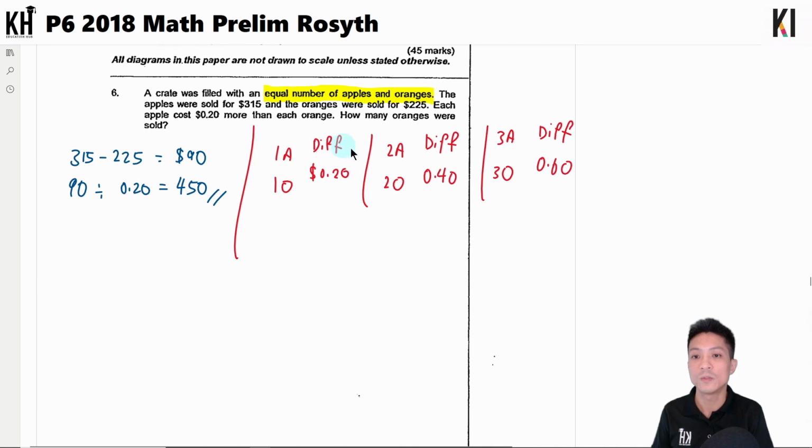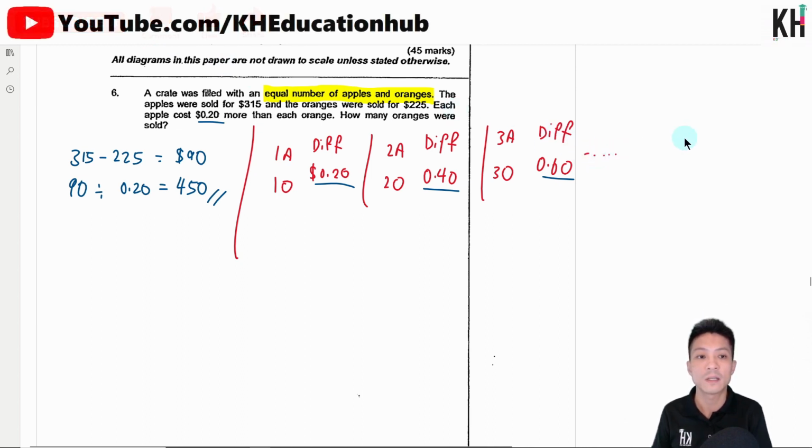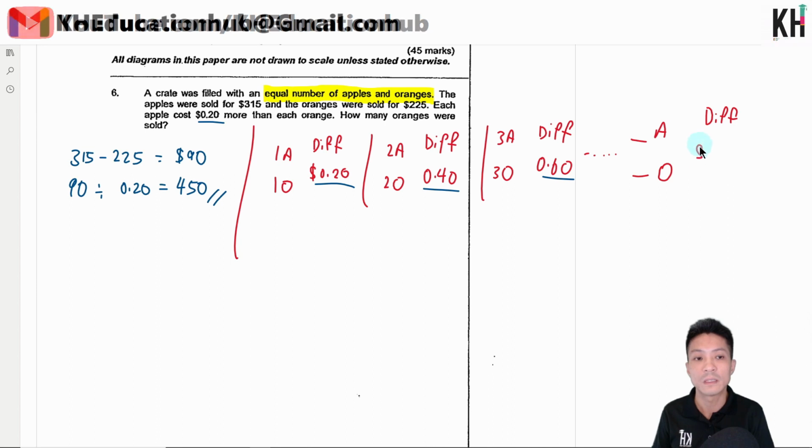So you should notice that the difference is in multiples of 20 cents. So if you want to find out how many apples and oranges will give you a difference of $80, you use $80 divided by 20 cents.